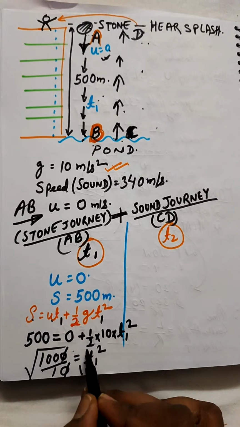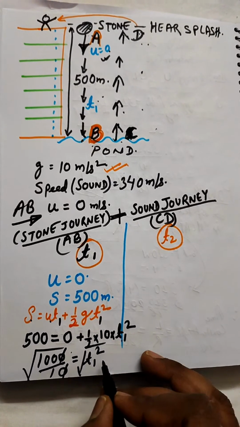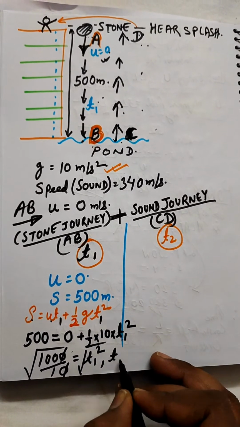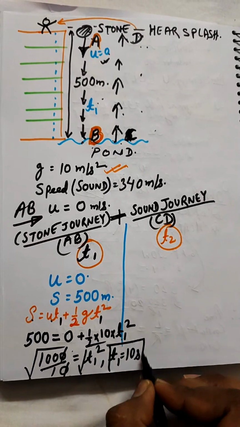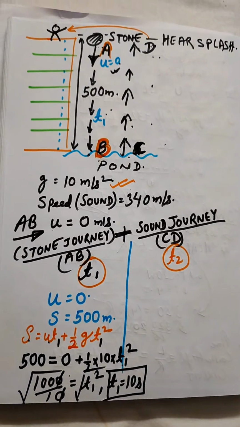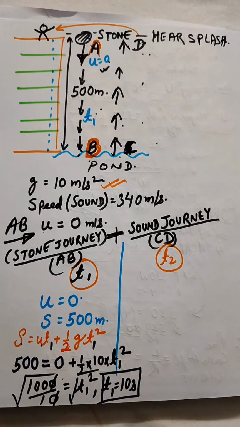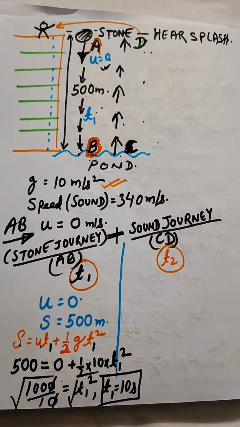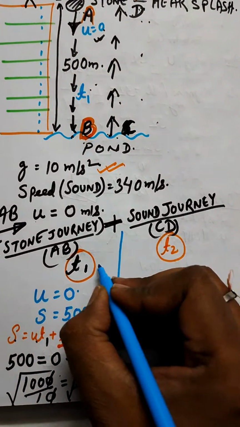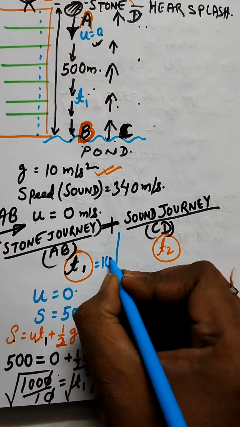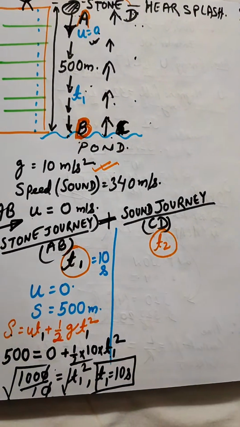So we will get t1 as 10 seconds. So you have calculated the value of t1 as 10 seconds, right? So t1 is equal to 10 seconds you have calculated, right?